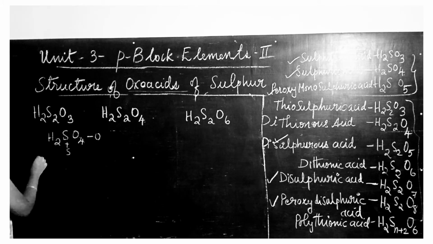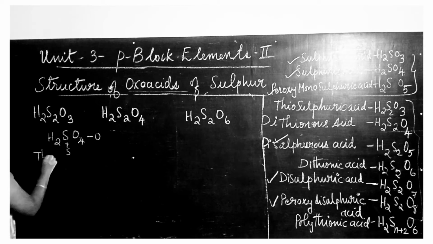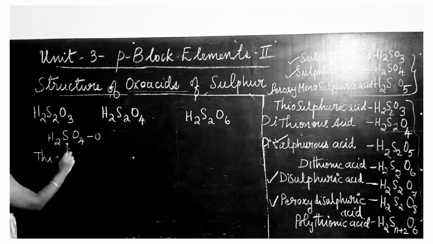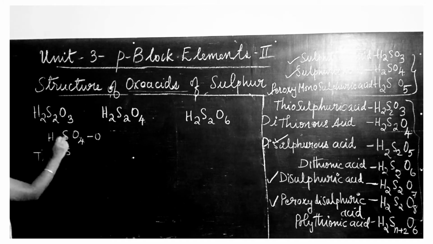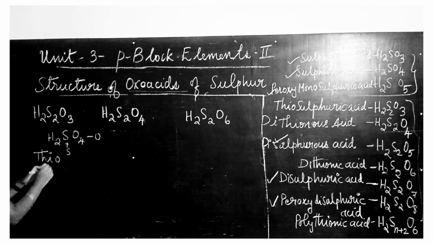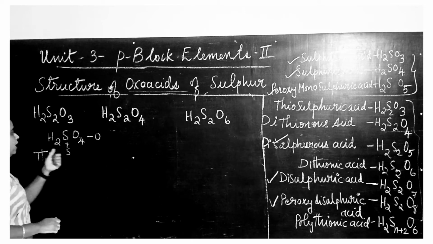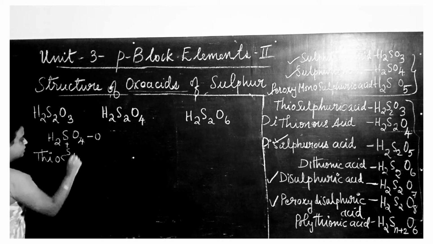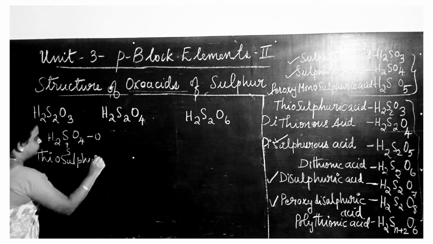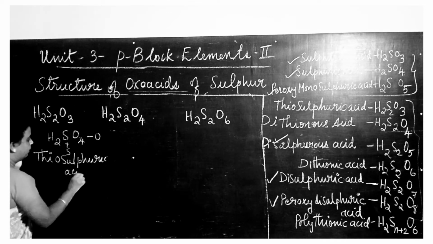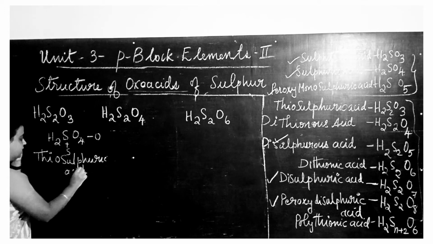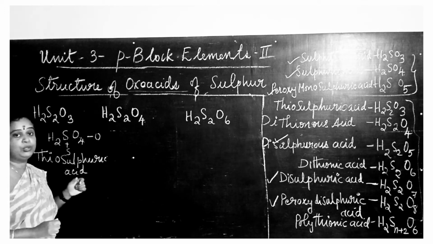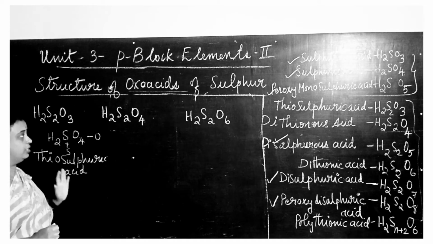Okay. So now this is the name thio because it is derived, because one sulfur is added to sulfuric acid. For that reason you call it thio. And to what is the sulfur added? To the sulfuric acid. So it becomes thiosulfuric acid. Yes. So these are tricks you have to keep in your mind so that you will easily be able to write the name and the structure.